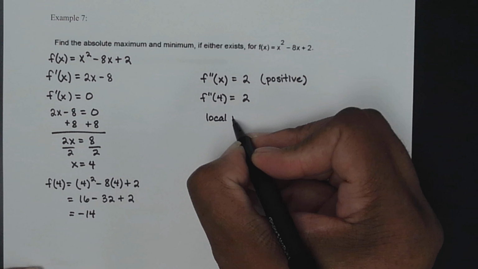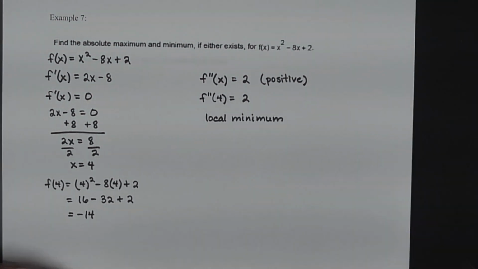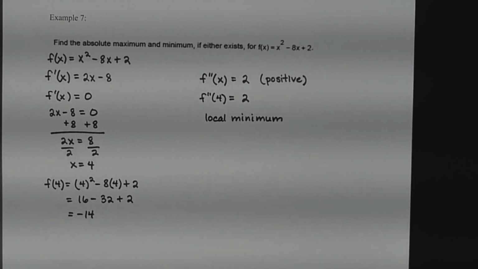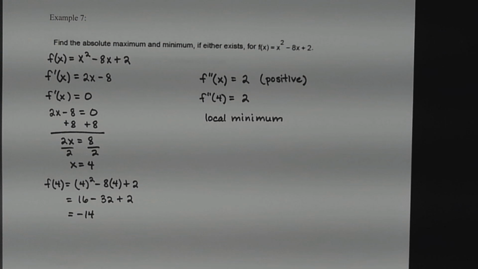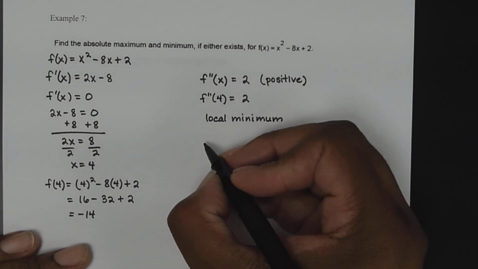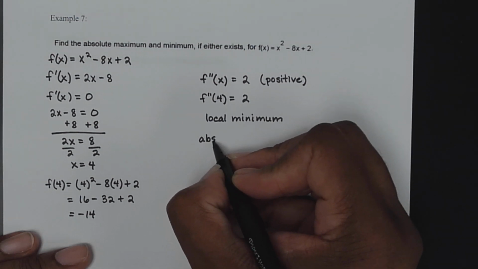But since there's only one x value for that, that means it has an absolute minimum.